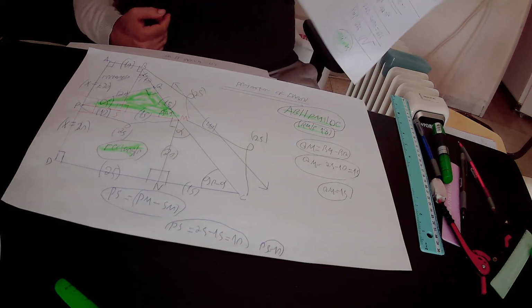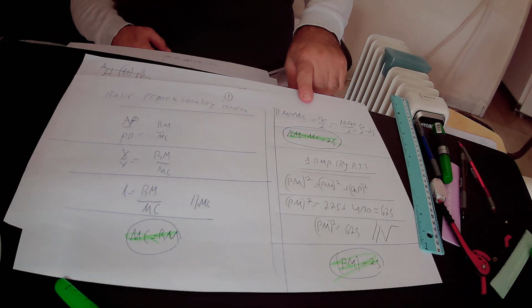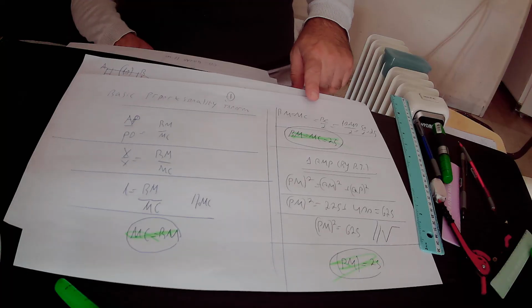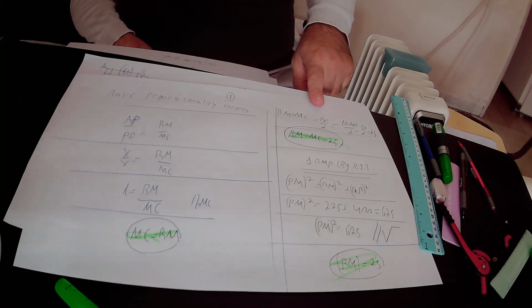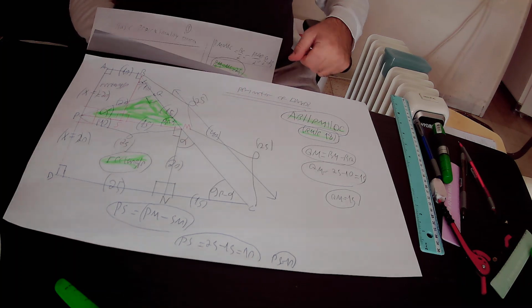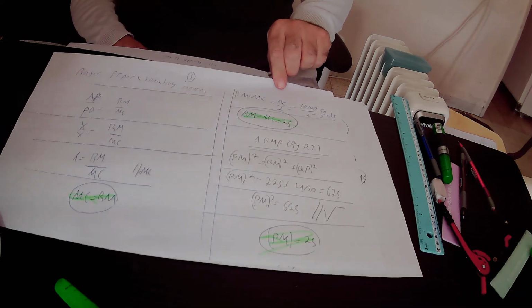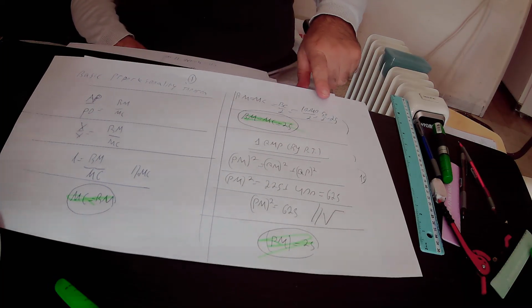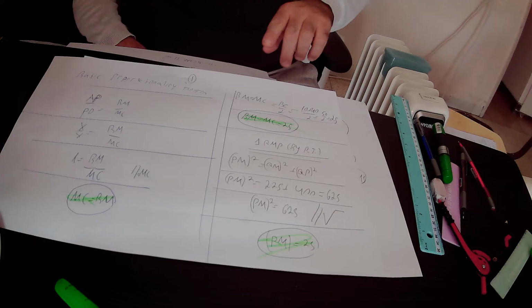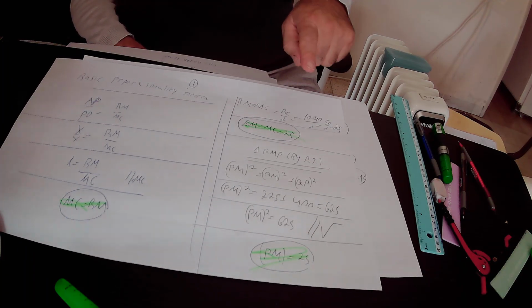So repeat again: BM equals MC, and each half must be equal to BC over 2. BC in total equals 10 plus 40, that is 50, divided by 2. So BM equals MC equals 50 over 2, that is 25.